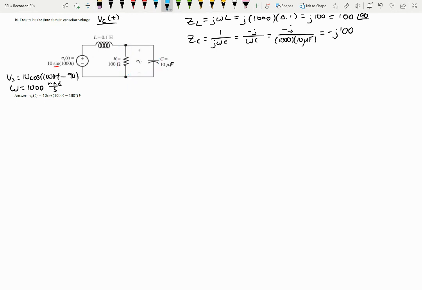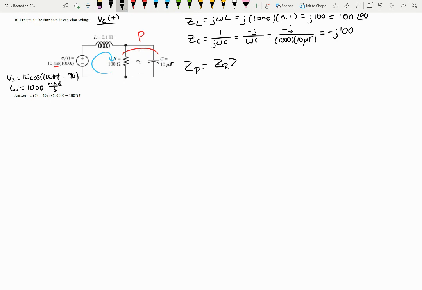We can either find the current that comes down through here, or something else, which requires fewer steps: we would take these two, combine them in parallel, and then do a voltage division. And that's what we're about to do. So we need to get the R and C into one equivalent piece.